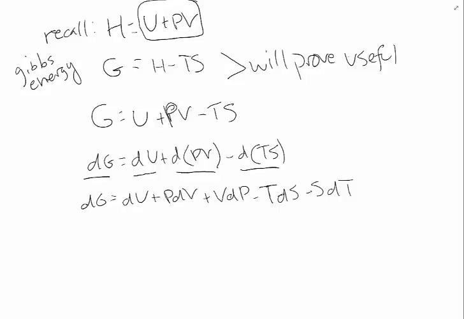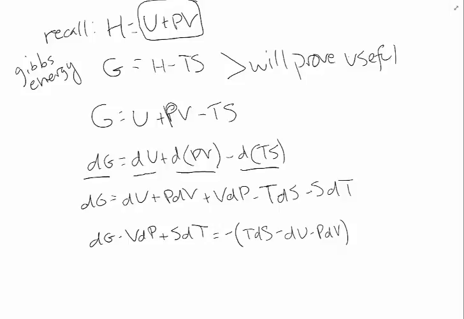Now we have this expression where the differential for pressure and volume turned into PdV plus VdP. Temperature times entropy was TdS plus SdT, with the minus sign in front. Now we're going to do a little bit of rearranging. All I did was rearrange and put things on different sides of the equation.